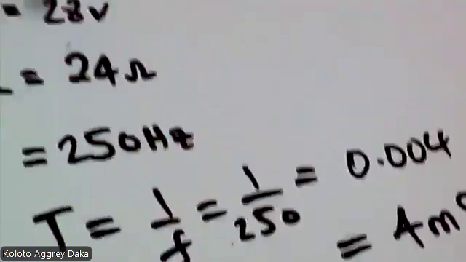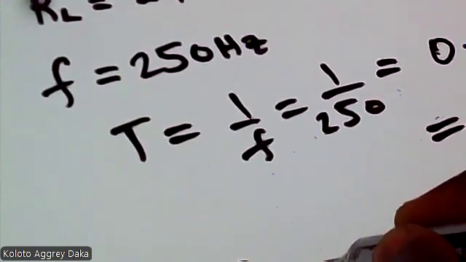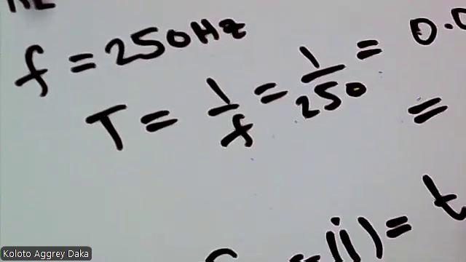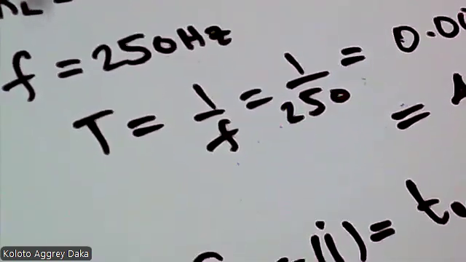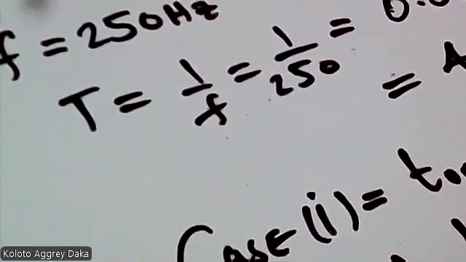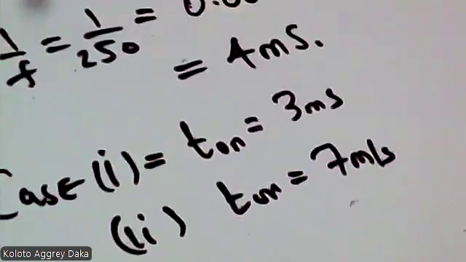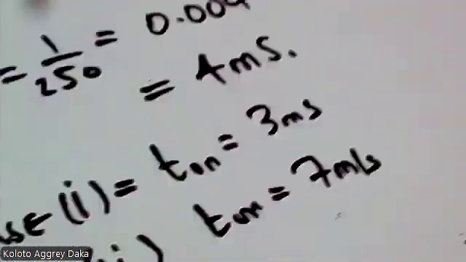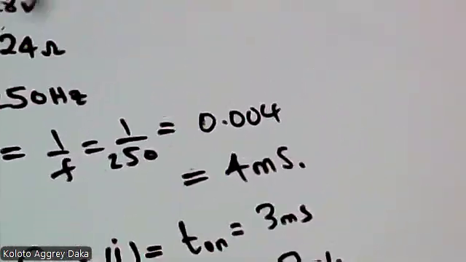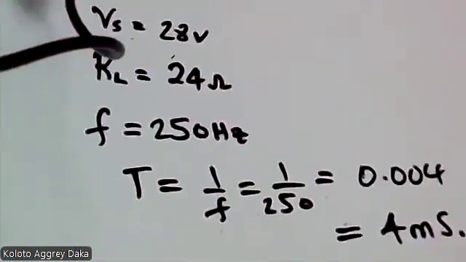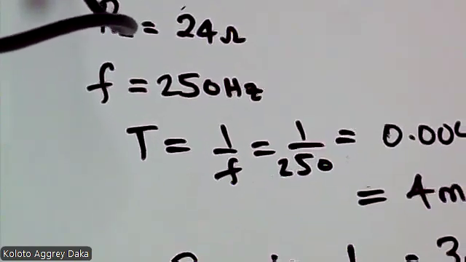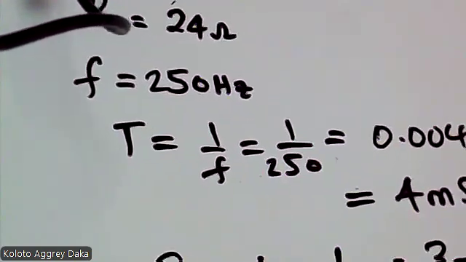Then we are given two cases. In case 1, T on is 3 milliseconds, and in case 2, T on is 7 milliseconds. That is our data. What are we asked to find?